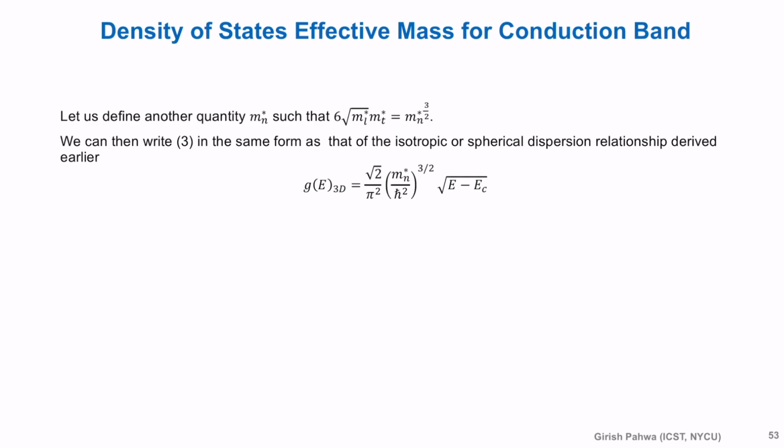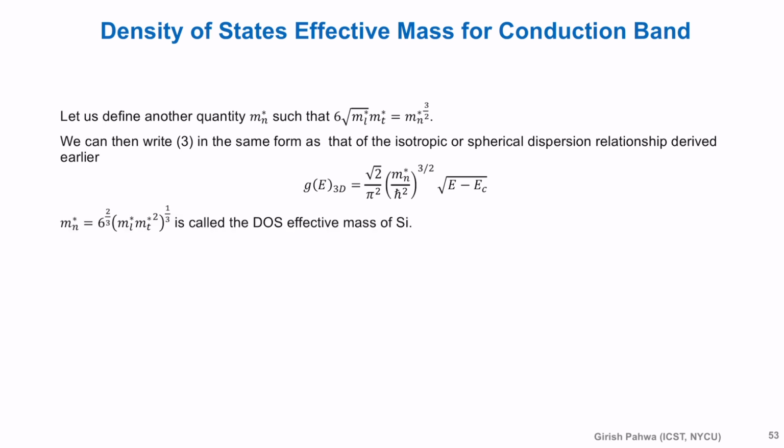So you can replace all of this by one sphere if you replace your 6 √(m_l* m_t*) by m_n to the power 3/2. That's why m_n is called the density of states effective mass. So you can still use the spherical formula.